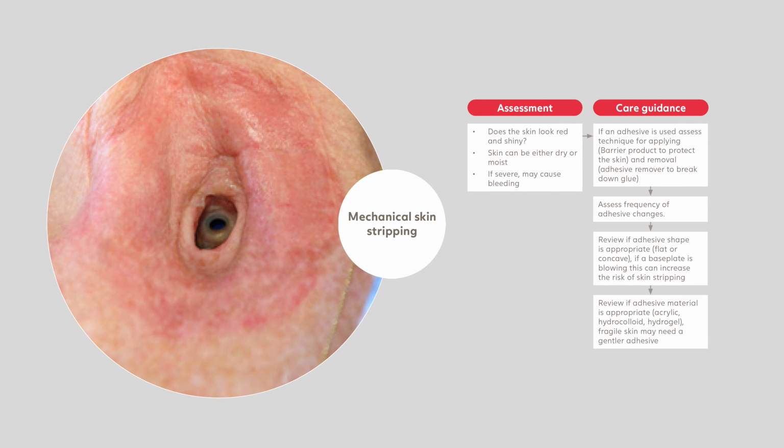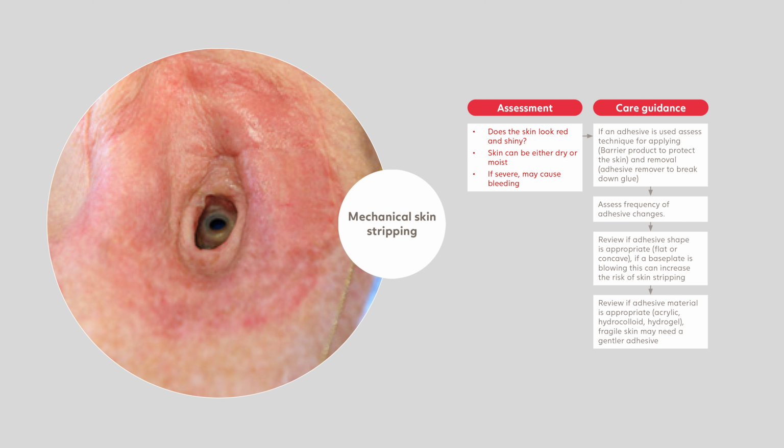We then move to our assessment stage, where we would ask ourselves if the skin looks red and shiny, remembering that redness can look different in different skin tones. The tool also guides us with what to expect, as it states that in mechanical skin stripping, the skin can either be dry or it can be moist due to exudate, and in severe cases, you may find that bleeding from the stripping trauma is present.